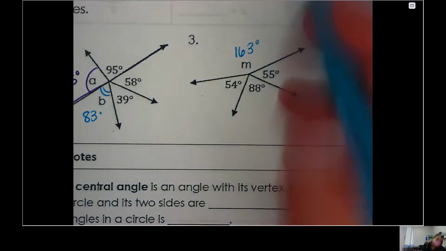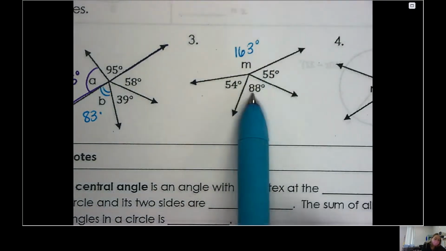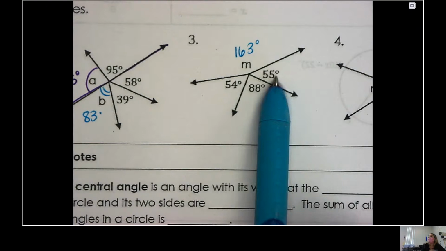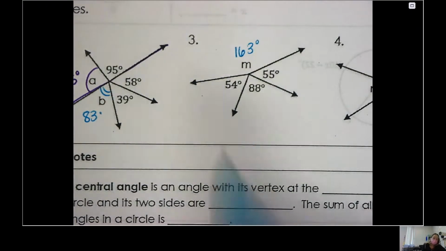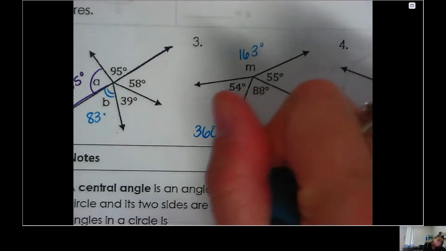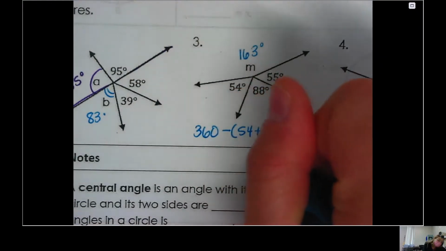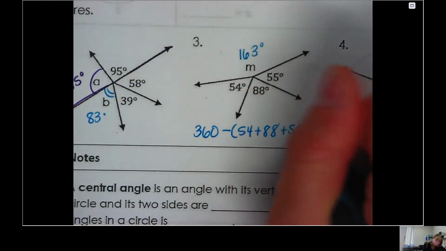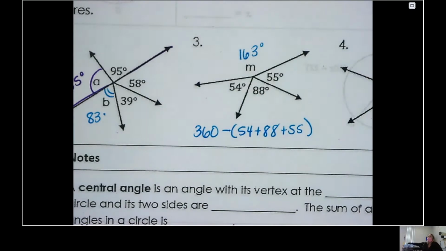So if we were to add angle M, 54, 88, and 55, we should get 360. So to get this angle M right here, we took 360 and we subtracted the 54, the 88, and the 55. So a full circle in total is 360 degrees. Beautiful.